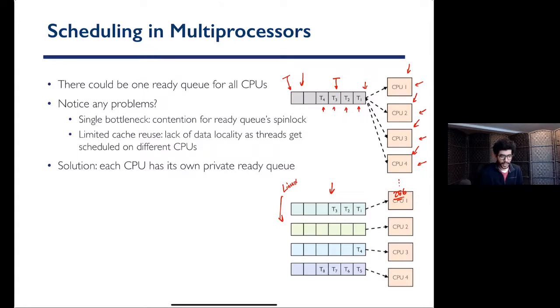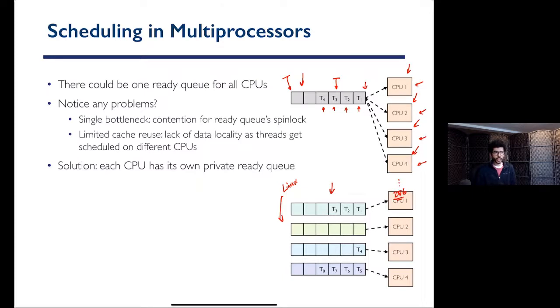But maybe a hybrid might work. Maybe you could have a single ready queue for 2 or 3 or 4 CPUs, not for all CPUs. It just came to my mind. Maybe somebody can do some research on that, see if it is good, or maybe others have done it already. I don't know.